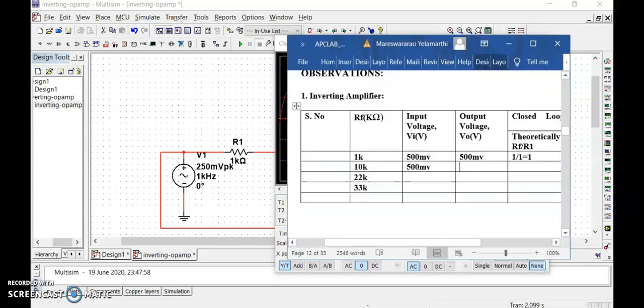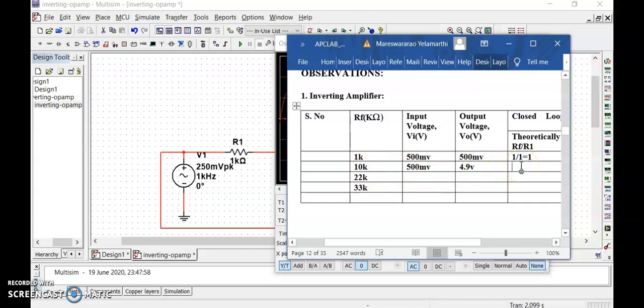So note down this 5 volts value. It is 4.9 volts for the 10 kilo ohm resistor. Sorry, for the 1 kilo ohm resistor, my output value is 500 millivolts. For the 10 kilo ohm resistor, my output value is 4.9 volts.